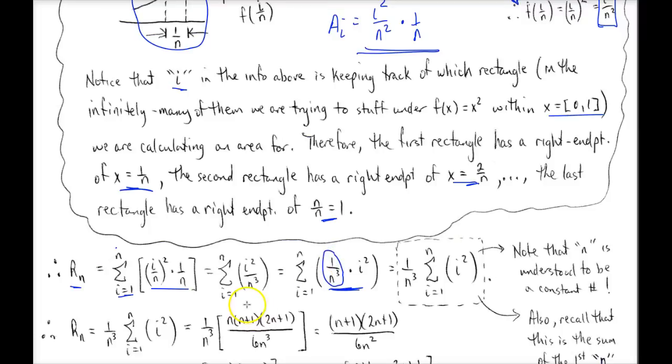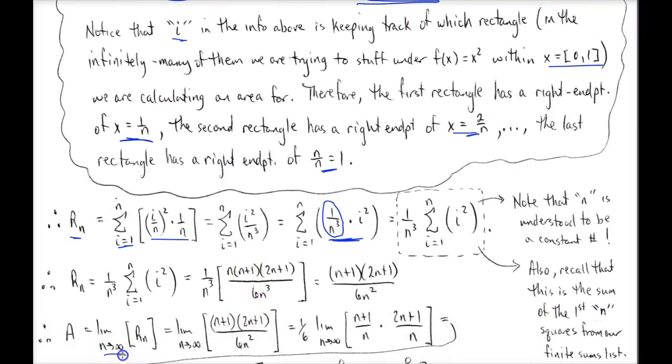So when we use our limit operator down here, the limit is going to understand the 1 divided by n cubed. The limit operator will not understand the I squared, and so the I squared looks like a constant to it.